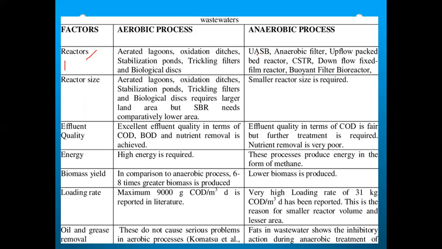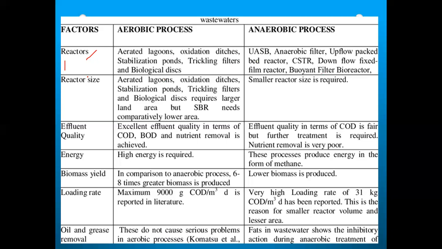In the anaerobic process, you have UASB. The trickling filters, UASB and lagoons will be discussed in the coming classes, but as per the topic, you have this in the first concept. UASB, anaerobic filter, upflow packed bed reactor, CSTR, downflow fixed film reactor, biofilter, bioreactor.